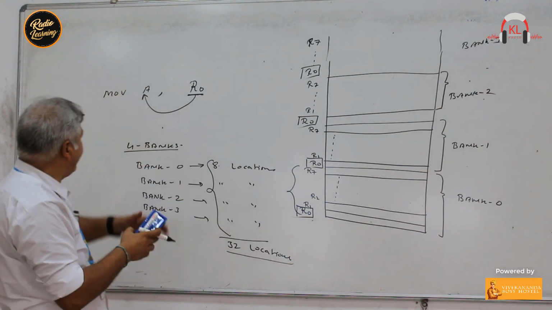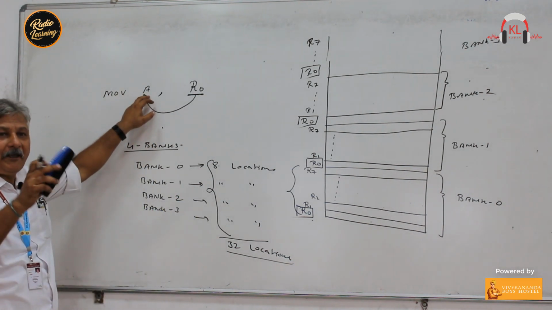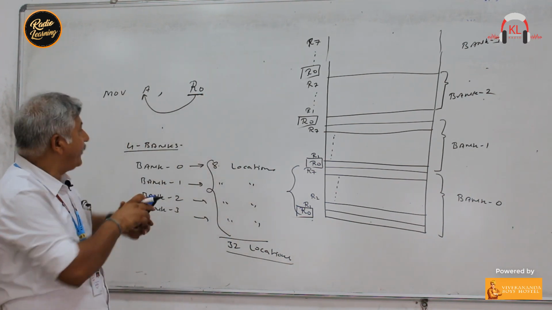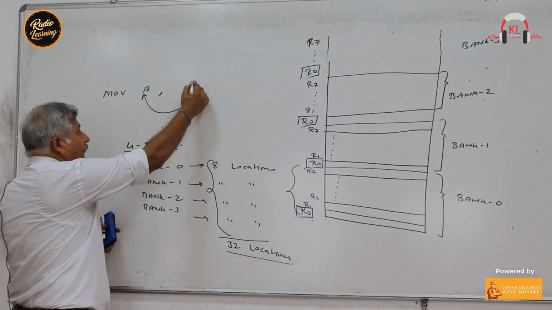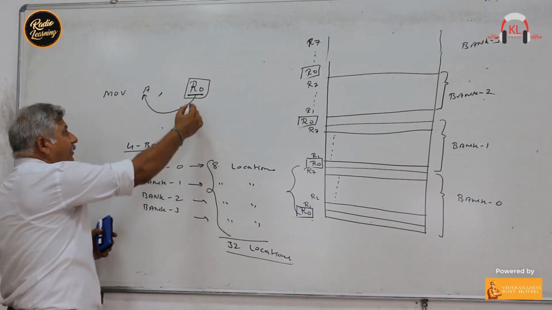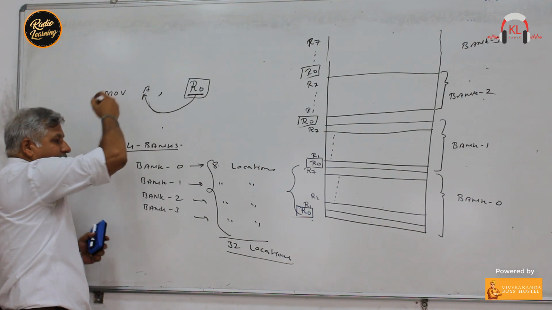Inside the microcontroller, there is a storing place named A, and there is a register R0. If I have written this instruction, whatever is there in R0, that 8-bit data, will be moved into the A register.